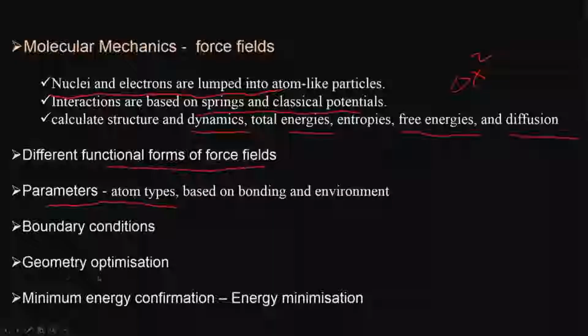Then the boundary conditions: is it in vacuum, is it surrounded by solvents, is it in a periodic box? Then came the geometric optimization, which is very important. We want to find the minimum energy conformation of the molecule. That is energy minimization, and we use a lot of numerical techniques to calculate the minimum energy.